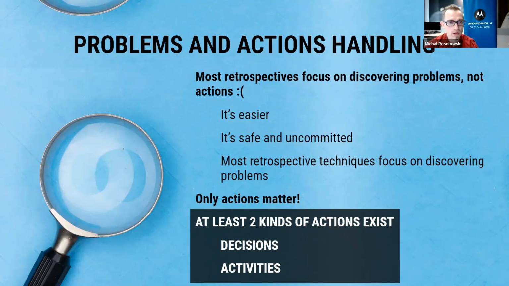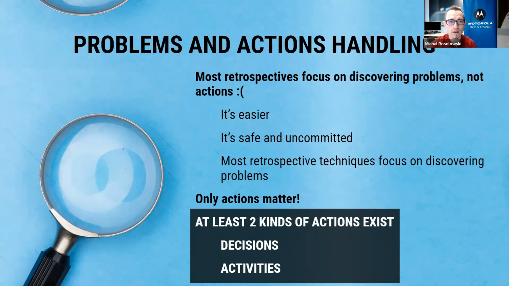The next building block that we may want to think about, and it's actually one of the central points of your retrospective, is identification of problems and actions. Unfortunately, and it's also my inefficiency, most retrospectives I did and most retrospectives I've seen focus on discovering problems, not actions.